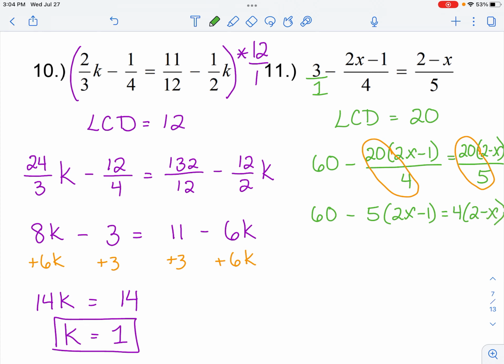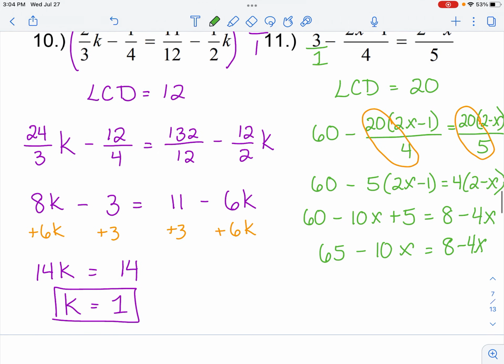And now I just have distributive property to work my way through, all right? So I'm going to have 60 minus 10x plus 5 equals 8 minus 4x. All right, so I'm going to have 65 minus 10x equals 8 minus 4x.